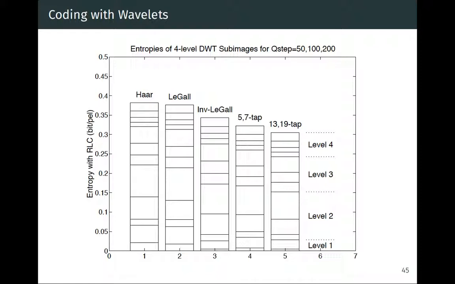But maybe if you take a Q step of 20 on the other wavelet, then maybe it'll be better and still lower entropy. So the point I'm trying to make here is that it's easy to tune your Q step to find one algorithm to be better than the other.